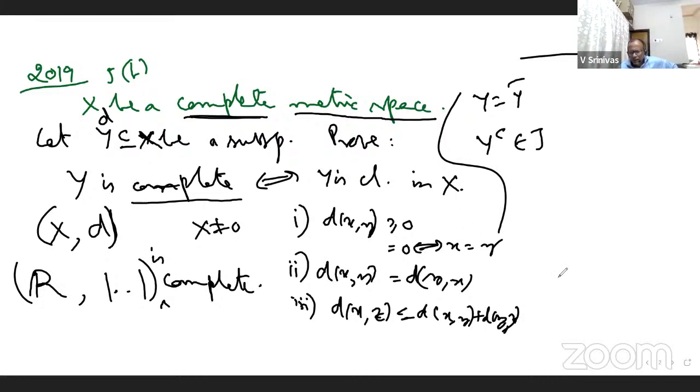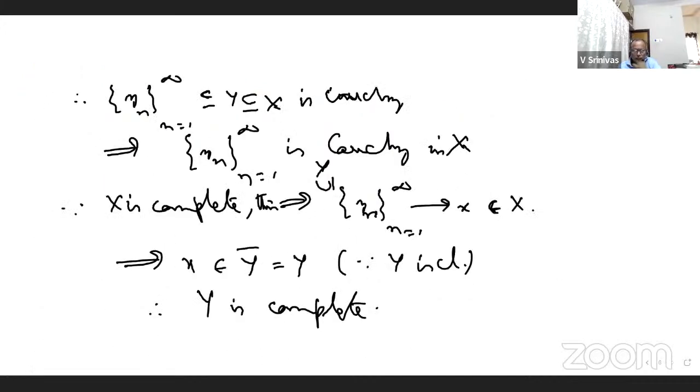Now let's look at the next property. It is about regular and completely regular spaces.